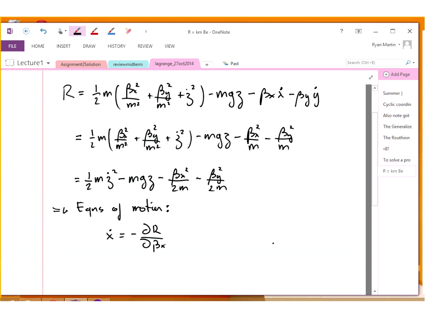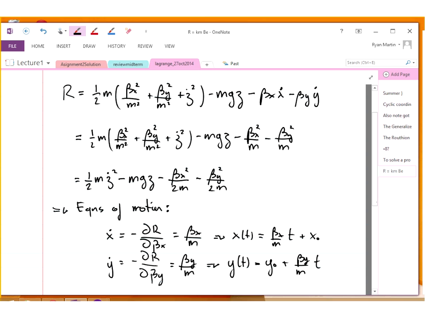X of t will then be given by beta x over m times t plus some constant. And do the same with y. Y dot will then be minus dR by d beta y. So minus dR by d beta y is beta y over m. And that integrates trivially to y of t equals y naught plus beta y over m times t, as we had before.